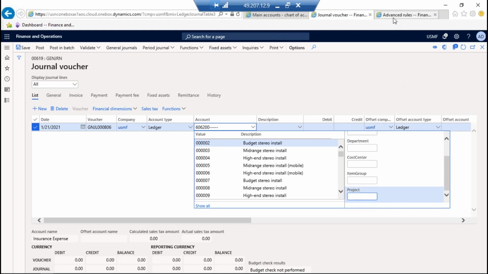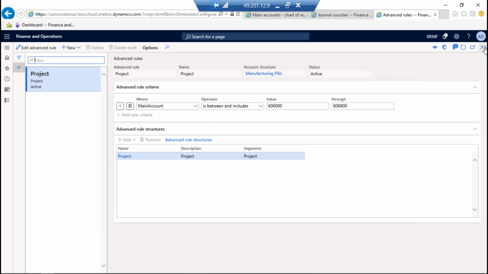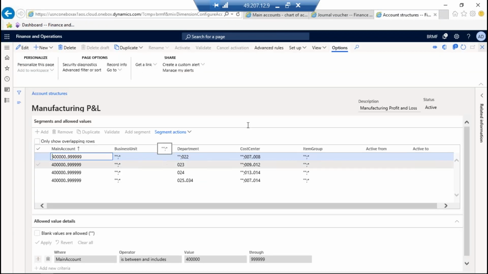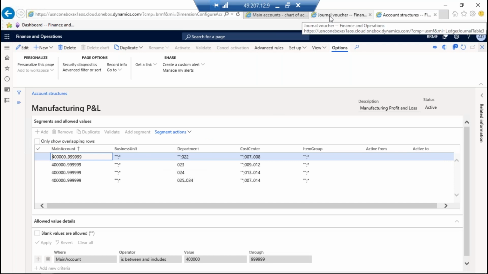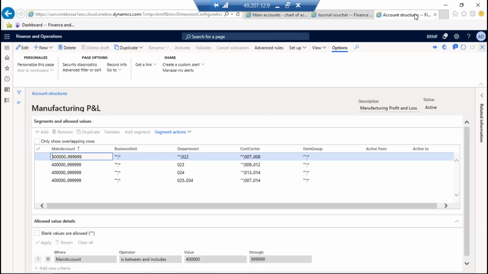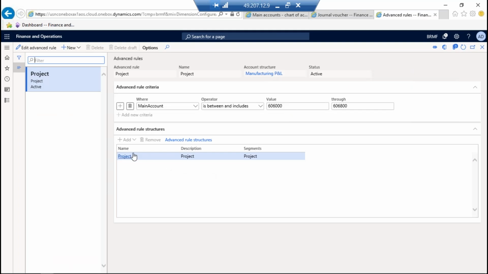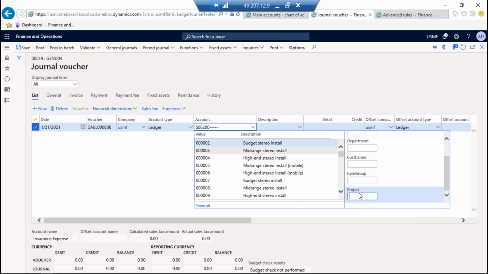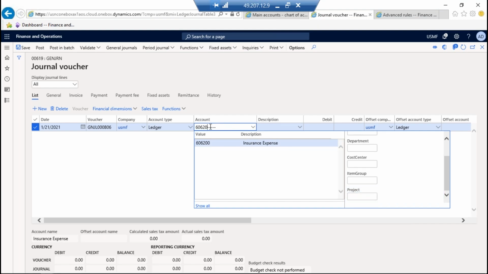Because in the advanced rule, we have attached one advanced rule for this accounting structure, so that whenever you are posting from normal accounts, it shows only 4, but specifically if it is touching this advanced rule, then whatever you have mapped will be captured here. Understood?